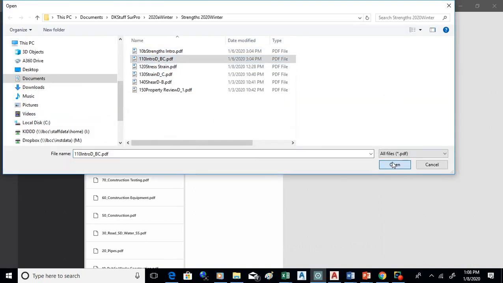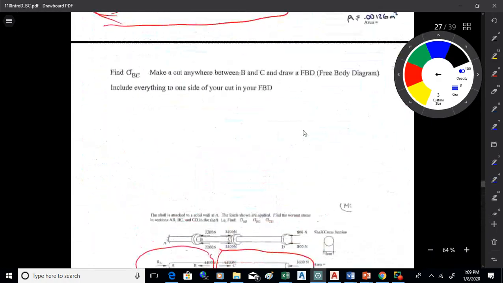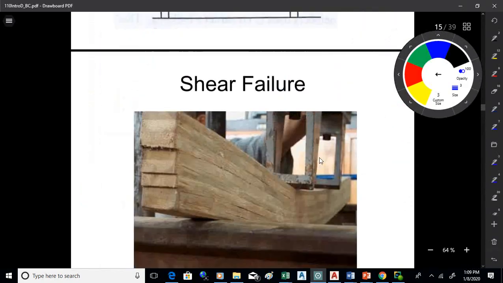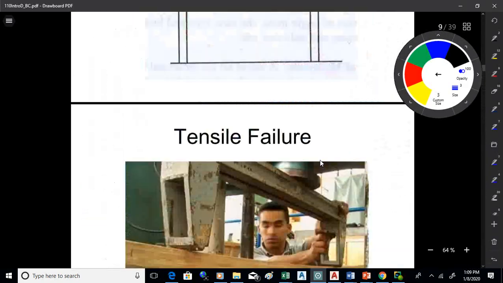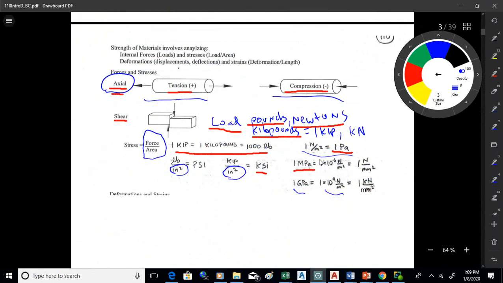Probably this one, right? There we go. So, yeah, 1 kilonewton per millimeter squared is a gigapascal.